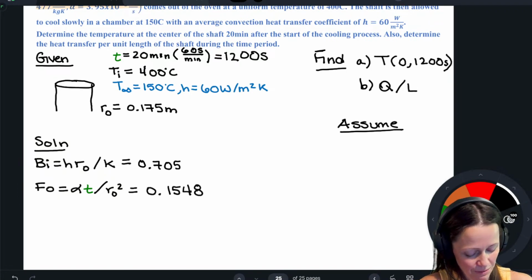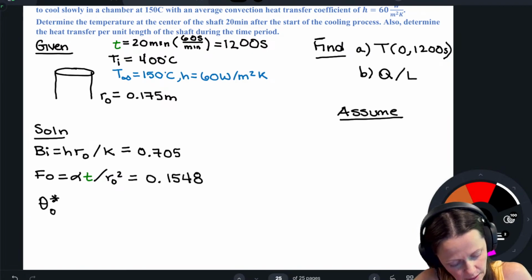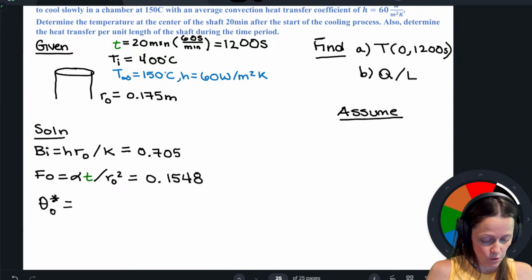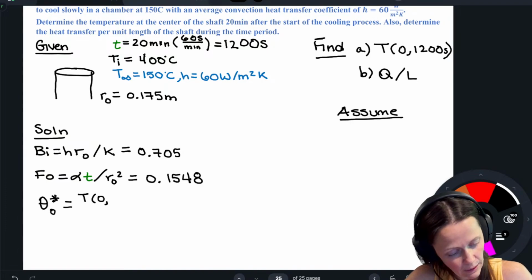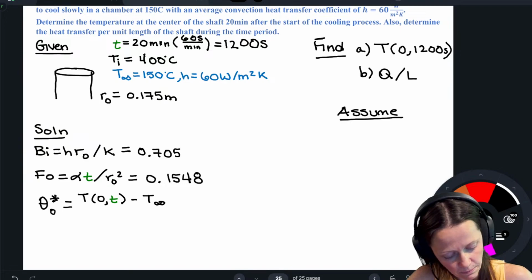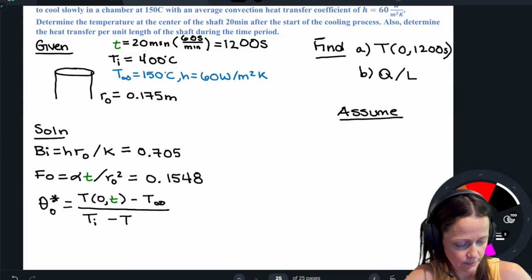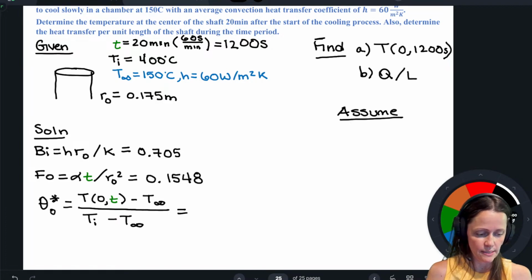So one-term solution. My theta naught star is going to be the temperature at r equals 0 and my particular time, 1200 seconds, minus my T infinity, which I'm given, over T initial minus T infinity. This is equal to C1 times the exponential.